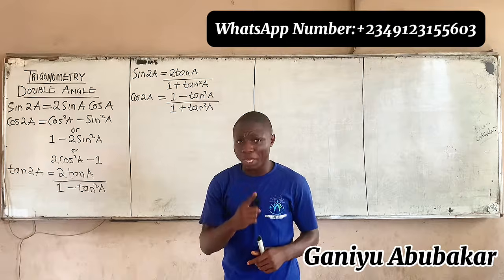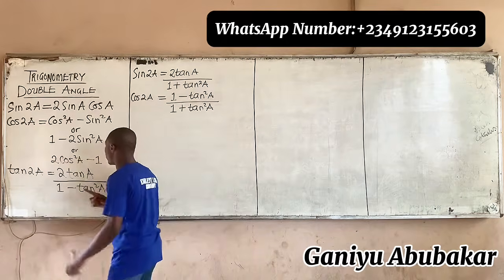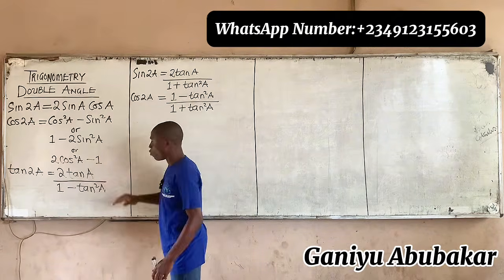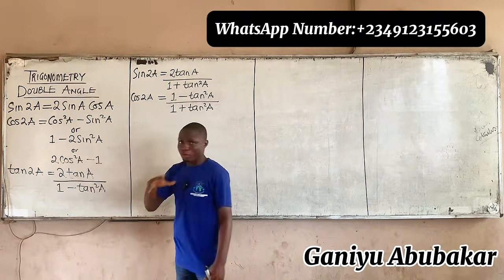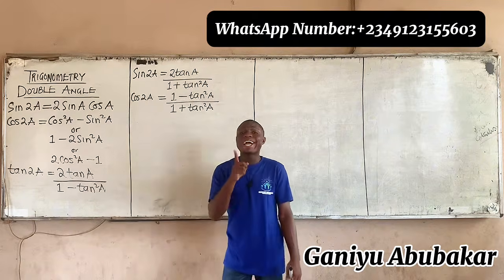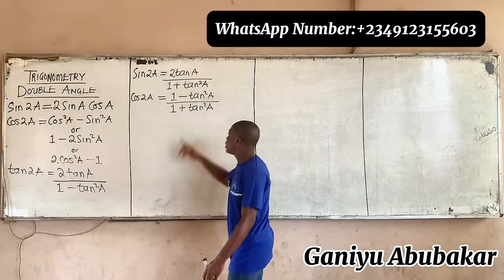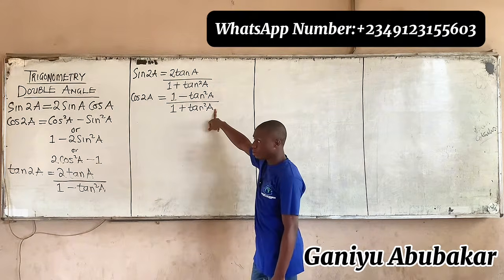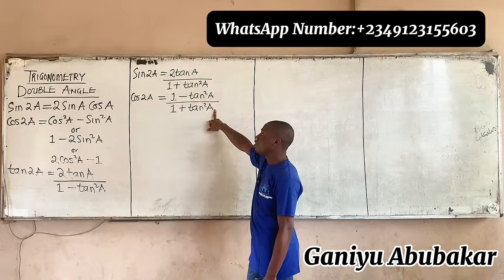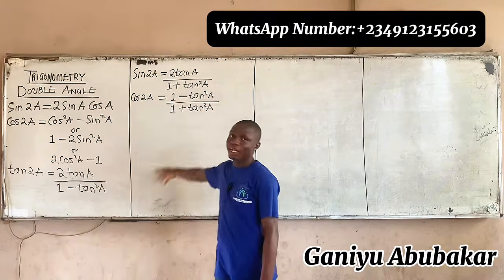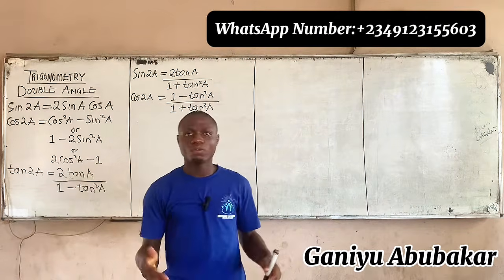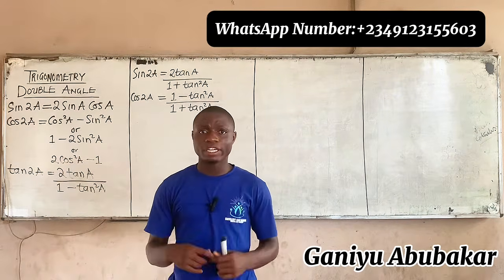When it comes to cos 2a, I can express it in three ways and still be correct, and also in terms of tan. The task now is to master this concept, and you're off, please.